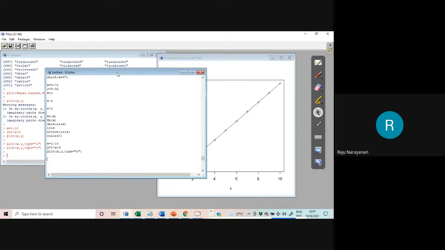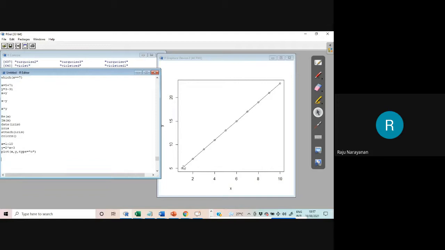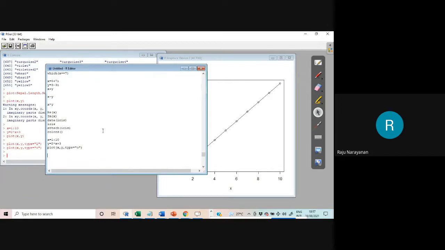And if you want to make the changes, pch is equal to 15.